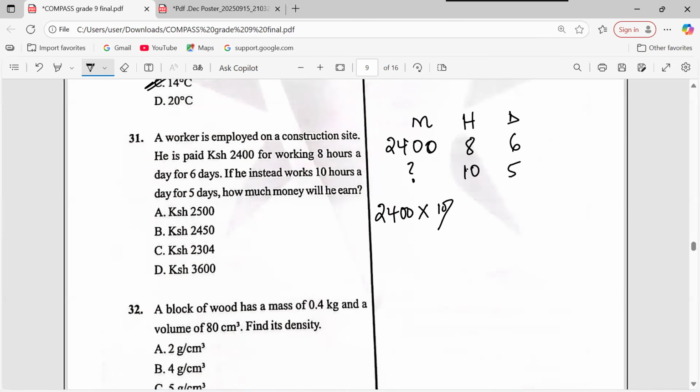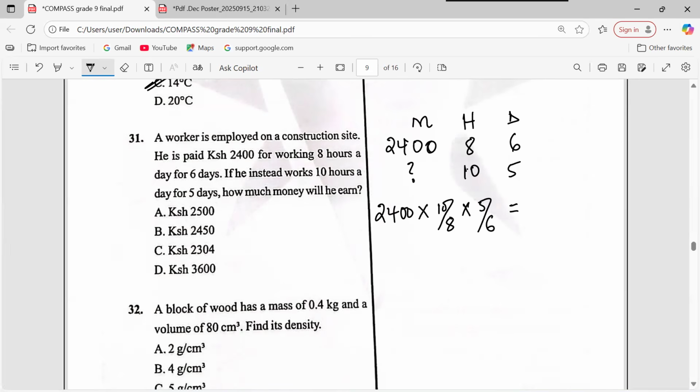If we expect more, the bigger proportion should be the numerator. So 10 over 8 multiplied by, in the next case, we'll say for 6 days, we attract 2400. For 5 days, we shall attract less. To attract less, the smaller proportion should be the one on top like that.